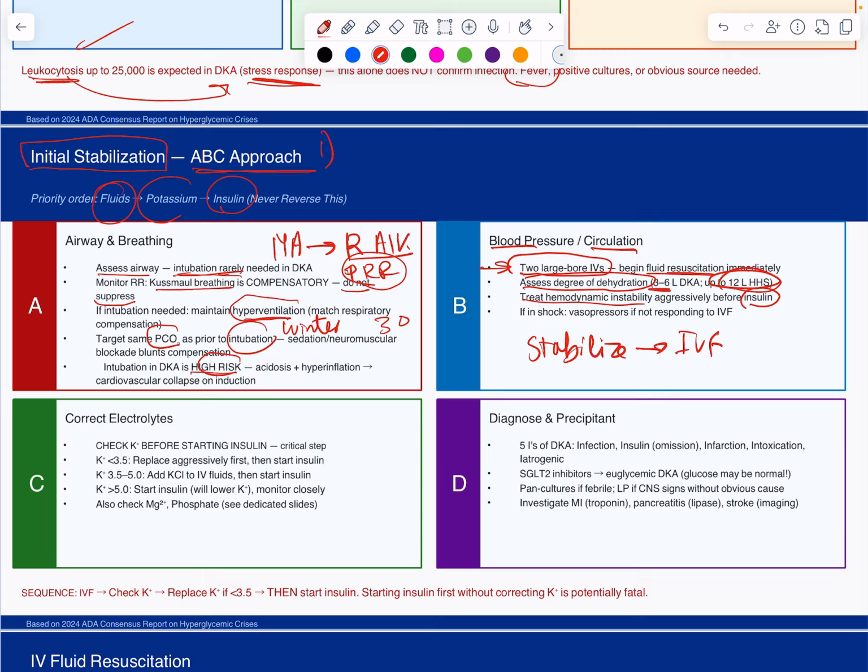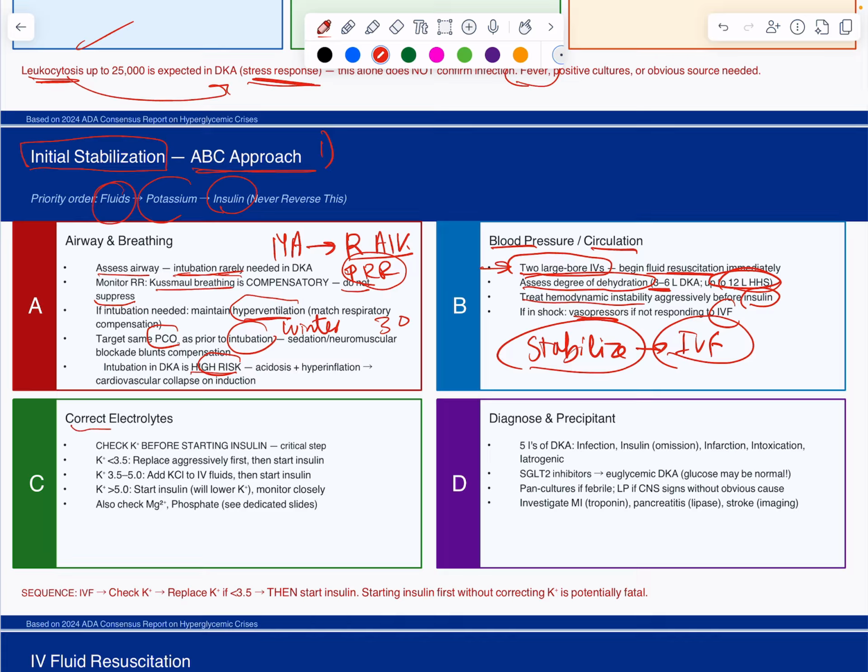Let's talk about insulin, let's talk about electrolytes, let's talk about labs, let's talk about everything else. But stabilize, give IV fluid. Again, if they're in shock, they can respond to IV fluid, but if they don't respond, you'll need to start vasopressors, and norepinephrine will be the drug of choice here.